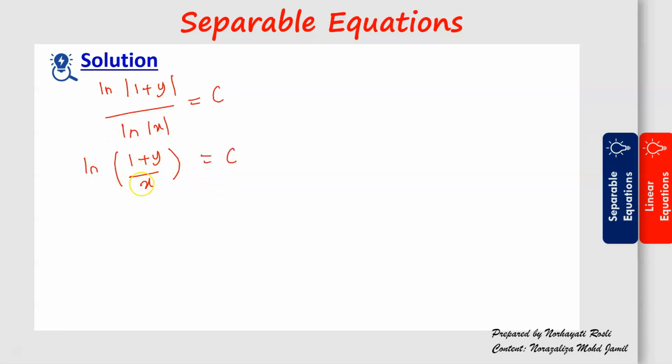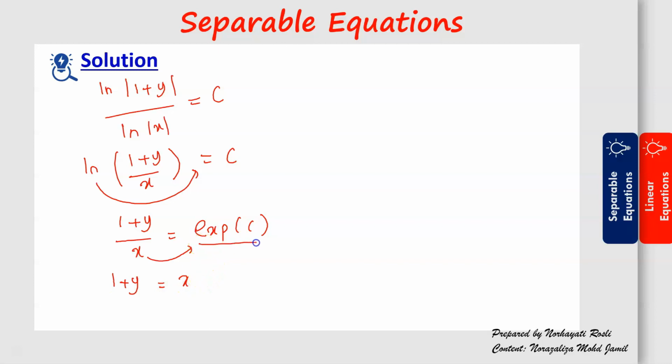When we have this, the next step is you need to write y as the subject. So you need to move this ln to the other side. Means that you will have 1 plus y divided by x equal to exponential of c, because when this ln moves to this side, it becomes an exponential function. When I move this x to this side, I will have 1 plus y equal to x times the exponential of c.